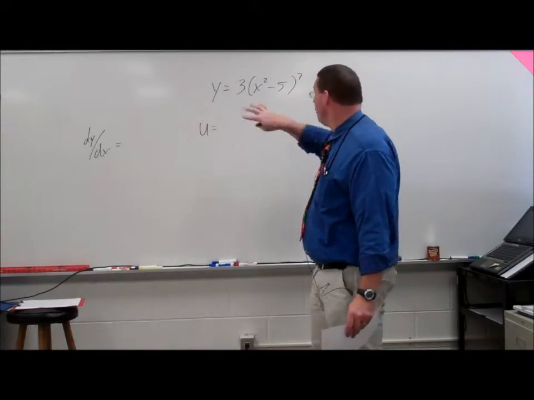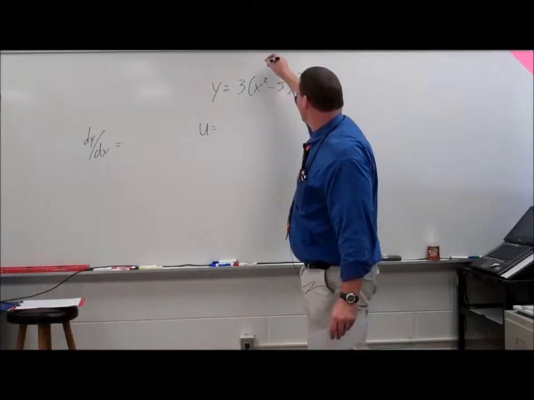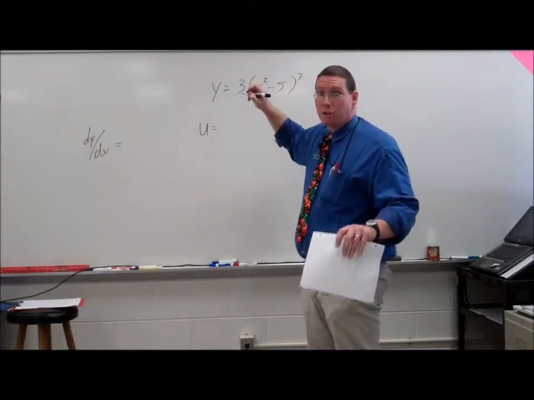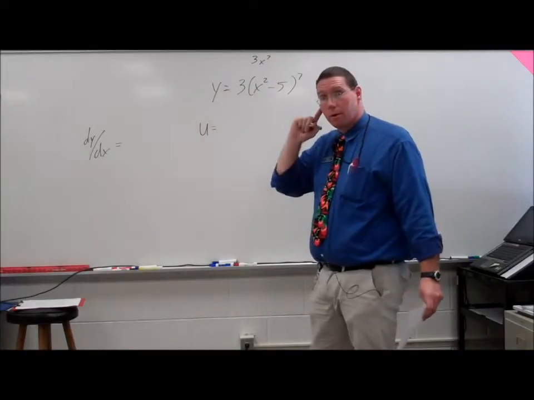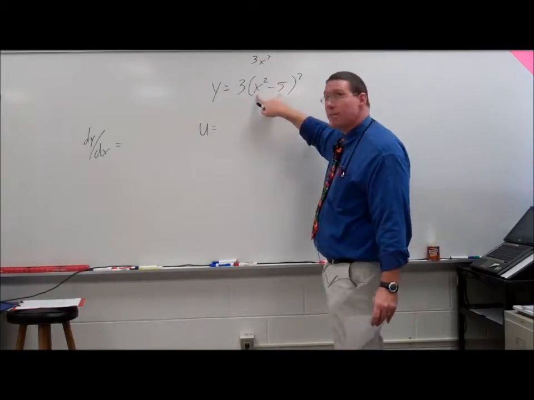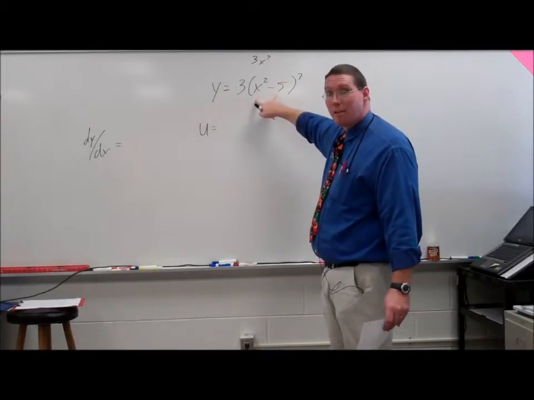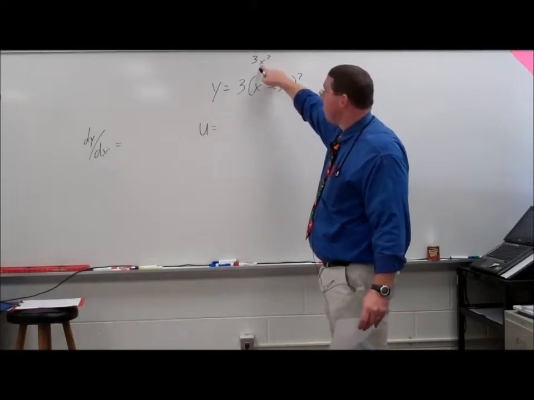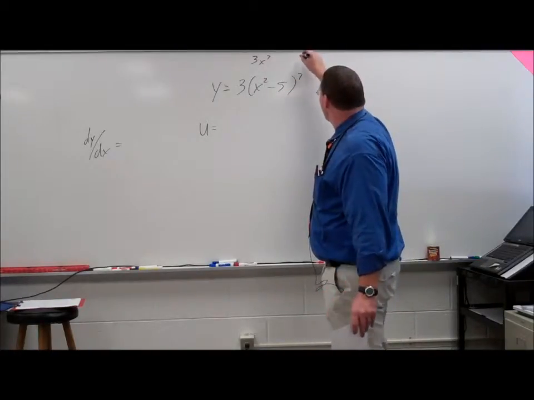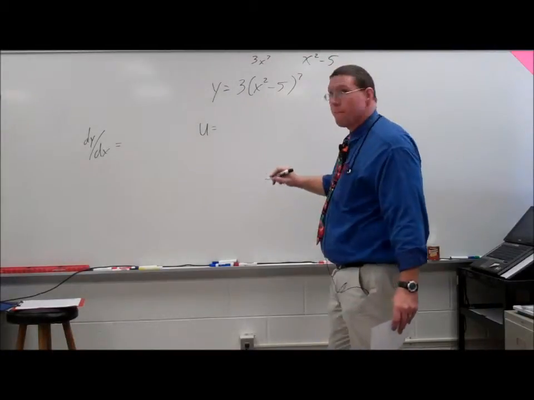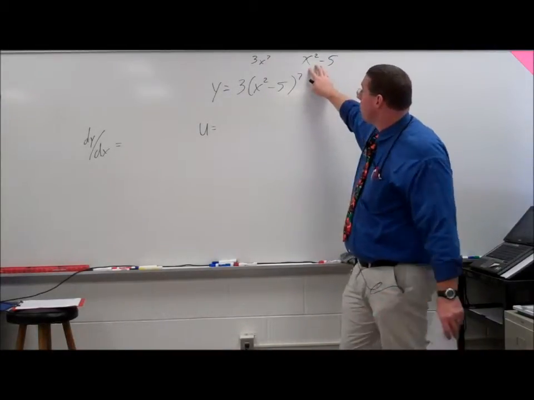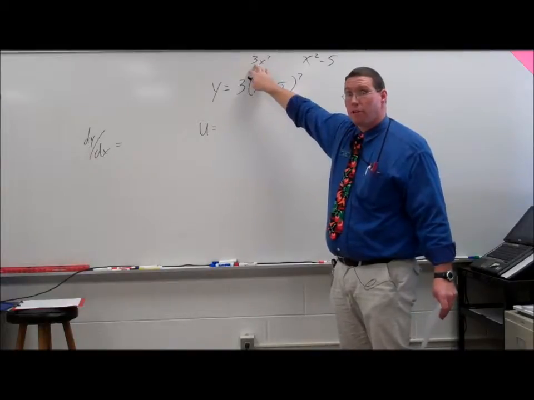Okay? We've got two functions going on here. One of them is the outside function, which is 3x to the 7th power. The other function is the inside function, meaning the inside of the parentheses, or inside of the x, is x squared minus 5. So this is our inside function, this is our outside function.